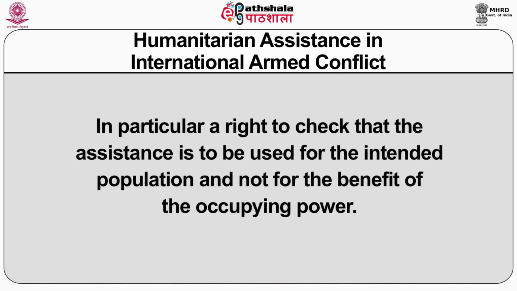In particular, a right to check that the assistance is to be used for the intended population and not for the benefit of the occupying power. They have to take measures for the transit and transport of such relief consignments on their way to the occupied territories free of charge.